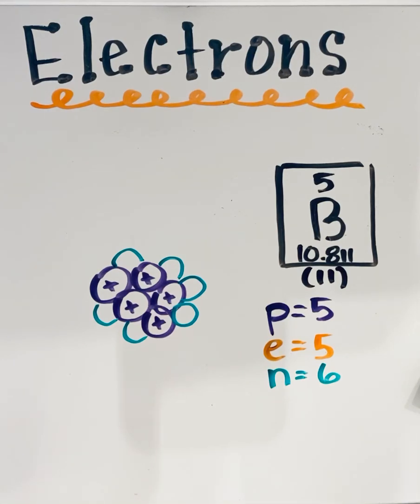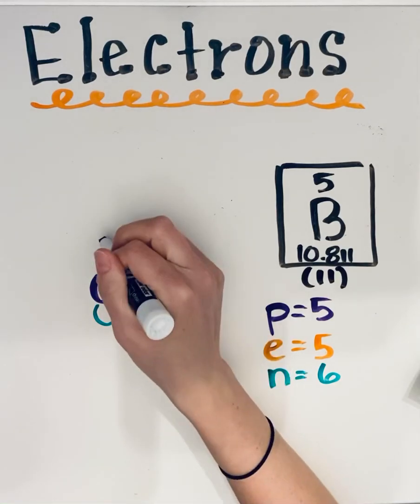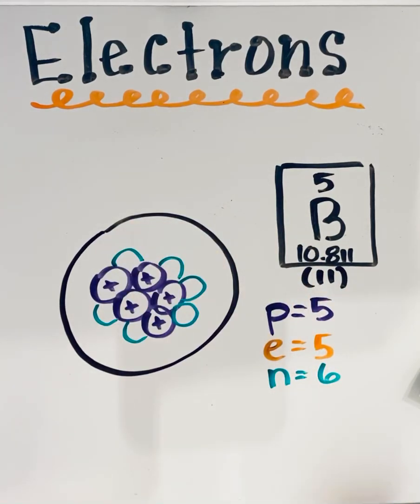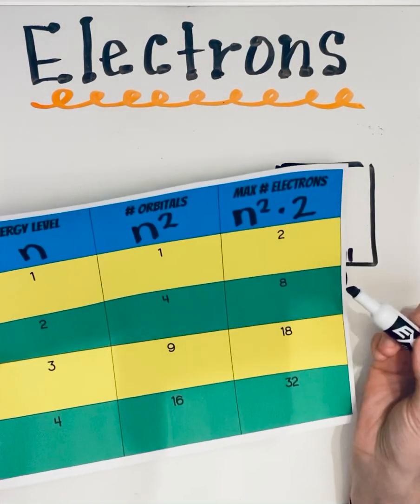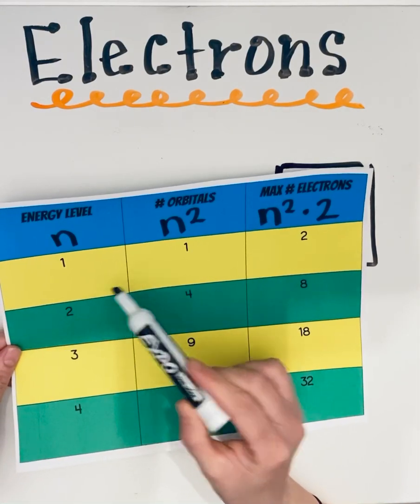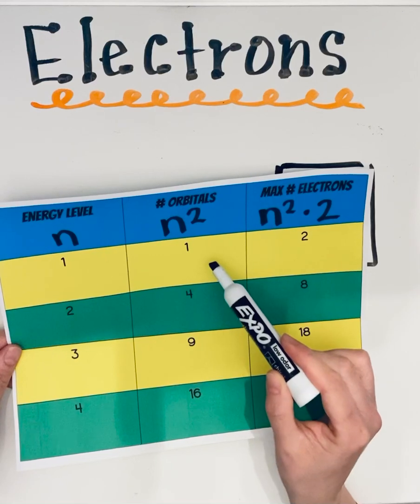And then I need to figure out how to configure my electrons. So I'm going to draw the first floor of the hotel. All right, I'm going to go back to my chart here. On the first floor, I know that I can only fit 1 room.